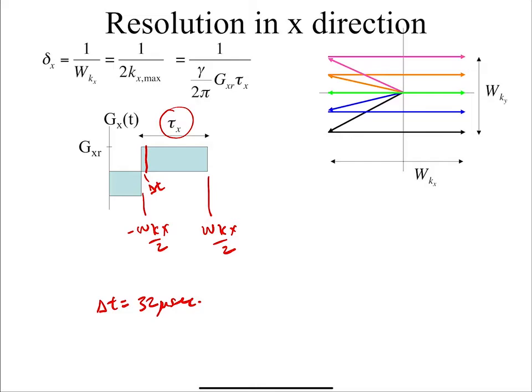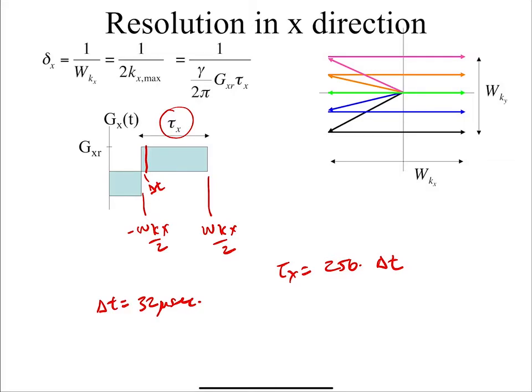Yeah, 256. That would be a good guess. 100 or 1,000 are probably not good guesses. So even if you know nothing about it, a reasonable guess would be tau sub x should be 256 times delta t, whatever that is. We'll check to see if that's correct later.